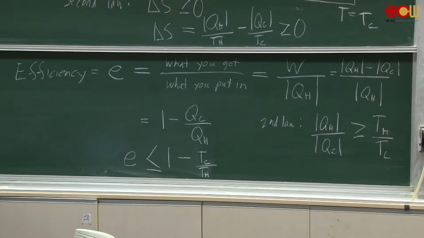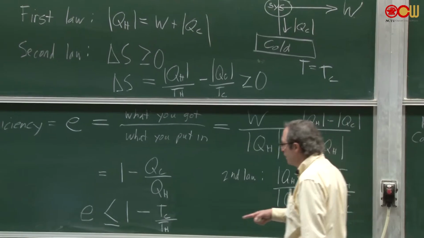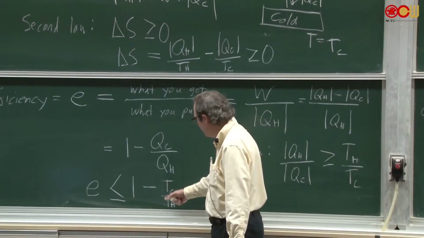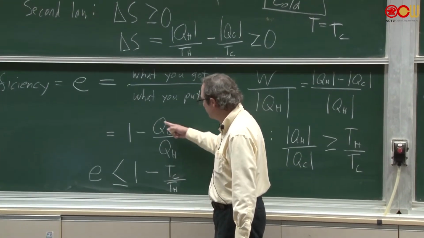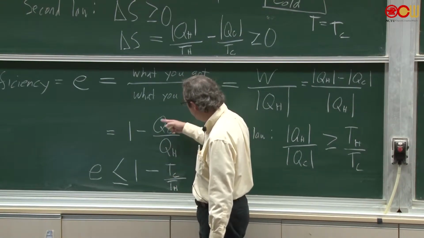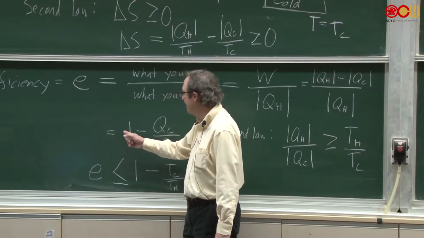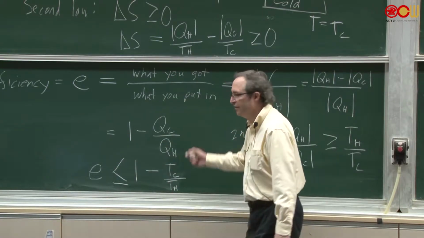You can't do it. Maybe another way of thinking about it is TC over TH, this is always greater than this. All right? So this is always greater than this. So that means E is always going to be less than this number.